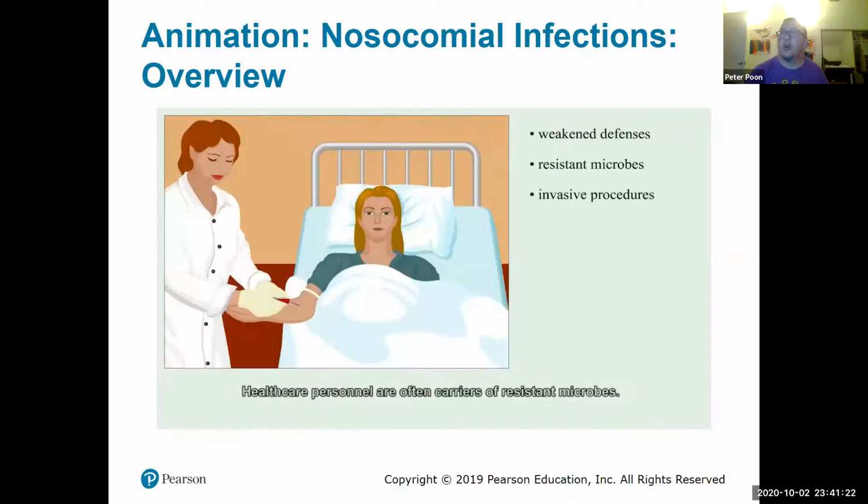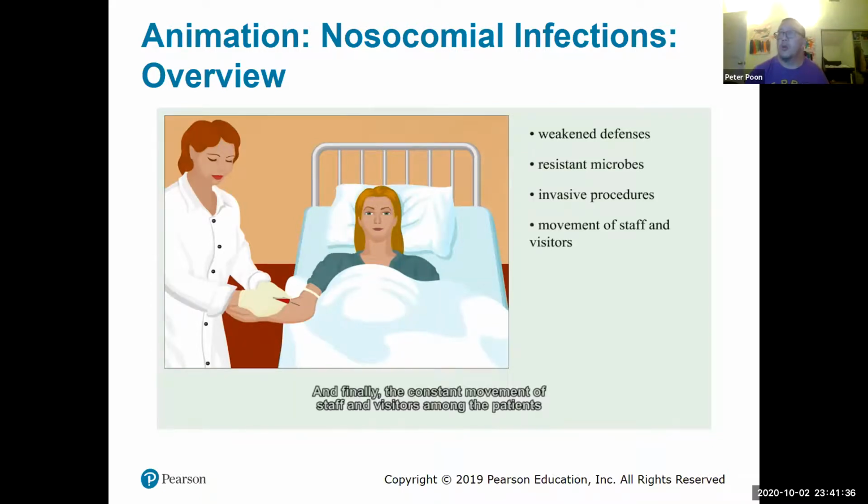Healthcare personnel are often carriers of resistant microbes. The need for invasive procedures such as injections, insertion of catheters, or surgery increases the chance that microbes from the skin can enter the bloodstream. And finally, the constant movement of staff and visitors among the patients increases the chance that microorganisms can be passed from one person to another.